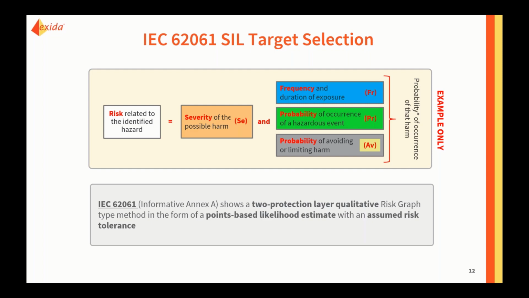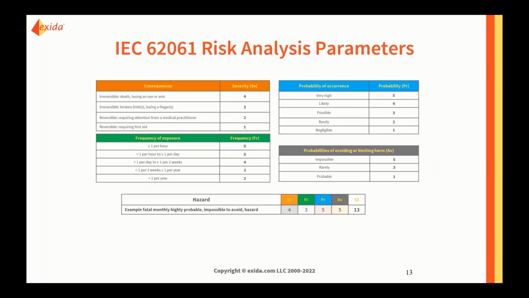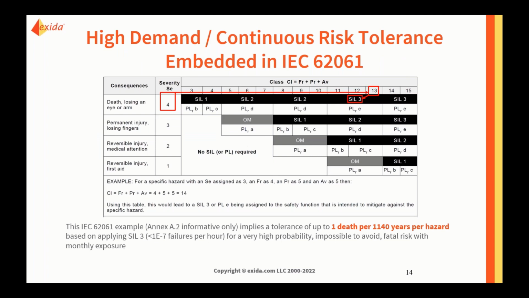given the fact that the unwanted event is going to occur. Now, when we take the example parameters from 62061 and apply those to, again, reverse engineer what risk tolerance we have, in this case, again, looking at the fatal accident criteria, since that's such a defining point for risk, we can see that in applying these example parameters from 62061, we again find that the implied tolerable risk is at 1 death per 1,140 years.